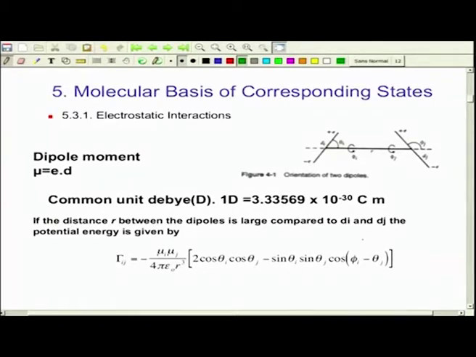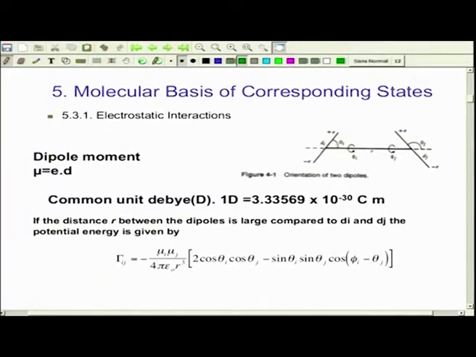Now electrostatic interaction is something which is very well known, given a charge or the permanent dipole. This is the case for the molecule having charges here such that it is a permanent dipole, and this is the distance between them, this is again the other one. It has a specific orientation.